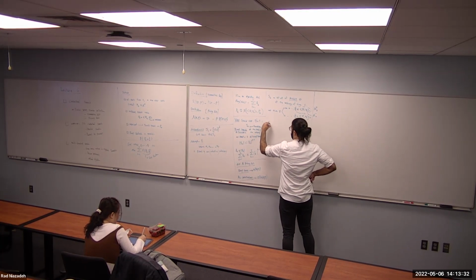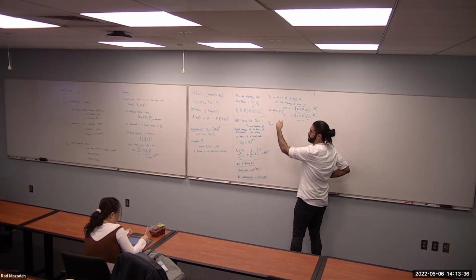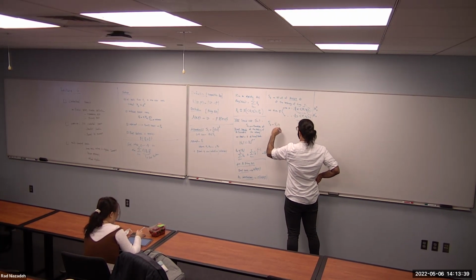Then S_t is basically all the possible thetas that are consistent with the previous feedback. So it's going to be S_1 intersection with h of feedback at time t prime.